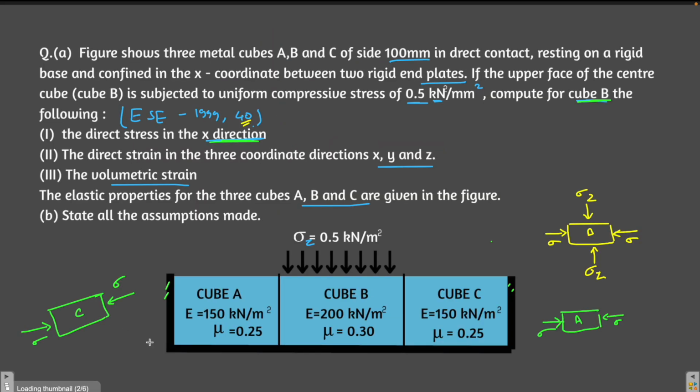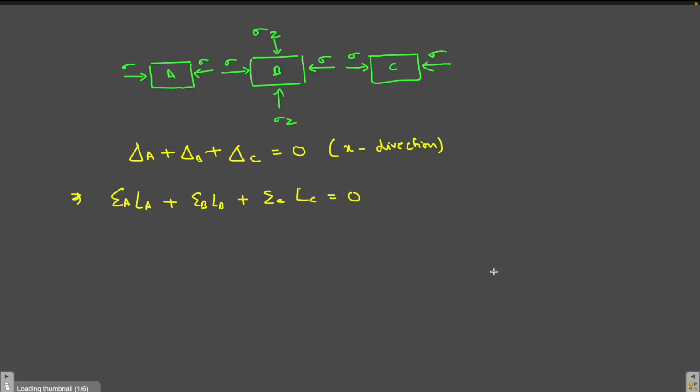Now what is given in the question? It is given in the question that three metal cubes A, B and C of side 100 millimeter are in direct contact. So that means this length is 100 millimeter, this length is 100 millimeter and this length is 100 millimeter. So what is given to us?